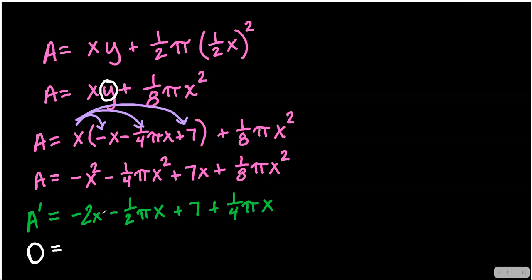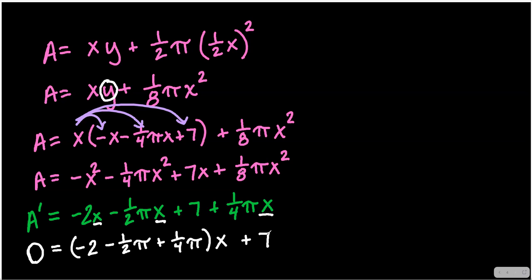Next thing I'm looking for is here's an x, here's an x, and here's an x. So I'm going to go ahead and put all those pieces together. So I really have negative 2 minus 1/2 pi plus 1/4 pi, all times x, and then plus the 7.